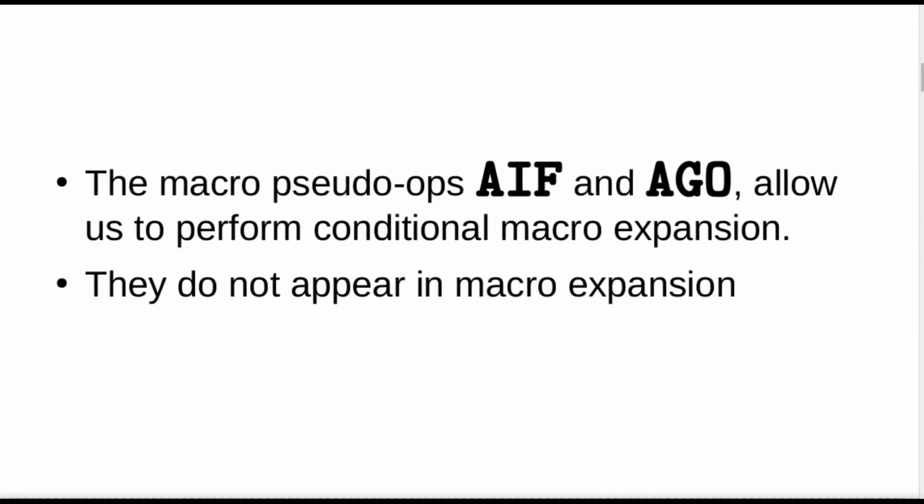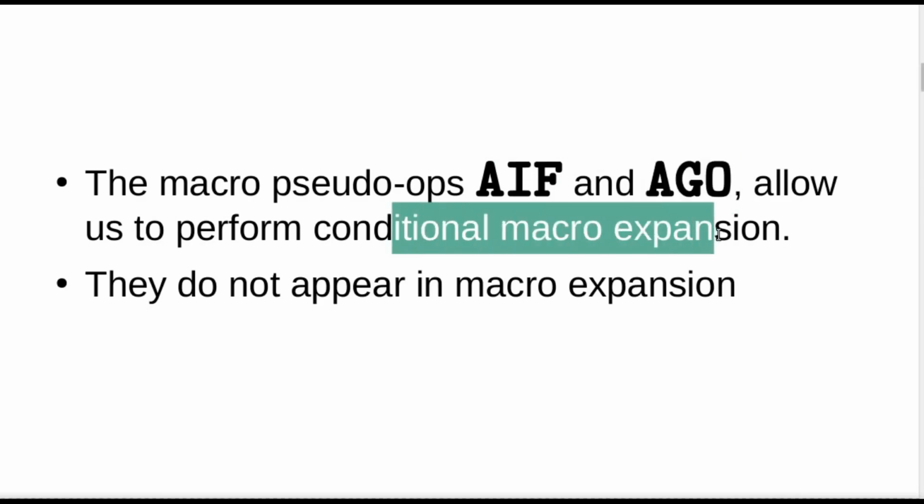How? Using two different pseudo operations. The first one is AIF, and the second one is AGO, right? So these are two macro pseudo ops. These two macro pseudo ops allow us to perform the conditional macro expansion, right?